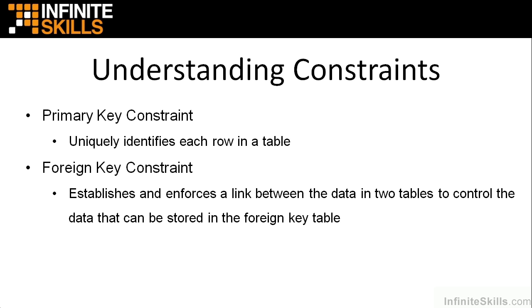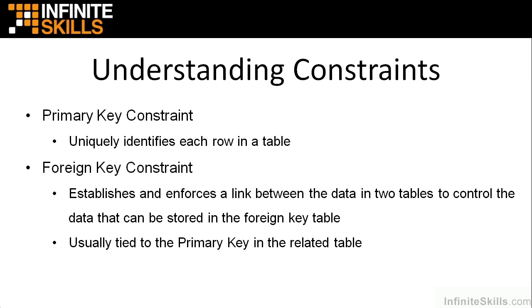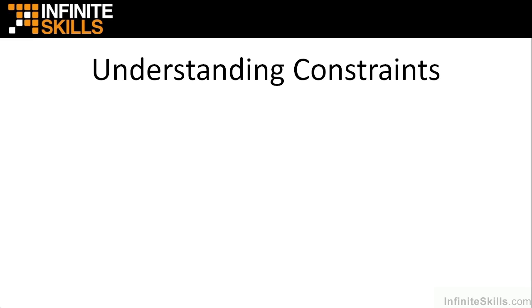I hope that made sense, but you'll see it again later on. The foreign key constraint is usually the other end of a table relationship, if you will. And this is usually, not always, but usually tied to the primary key in the related table. But this has to do with table relationships. That's a new concept for you. Don't panic. We'll come back to it later.